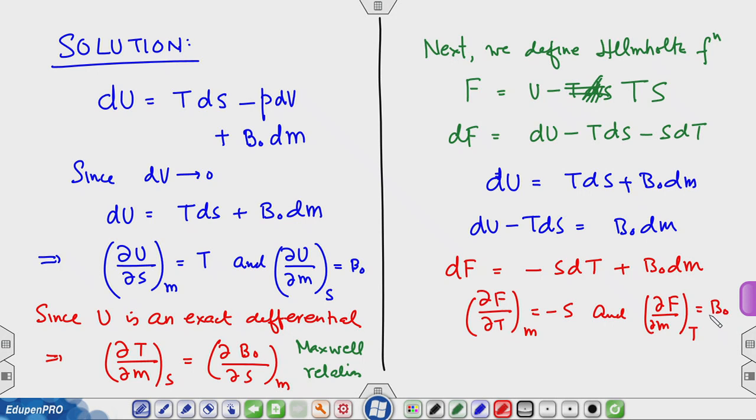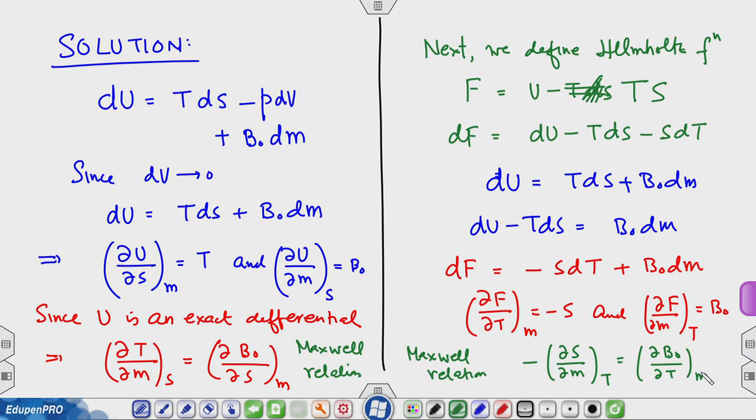And the corresponding Maxwell relation is going to be minus ds over dm at constant T is equal to dB 0 over dT at constant m.